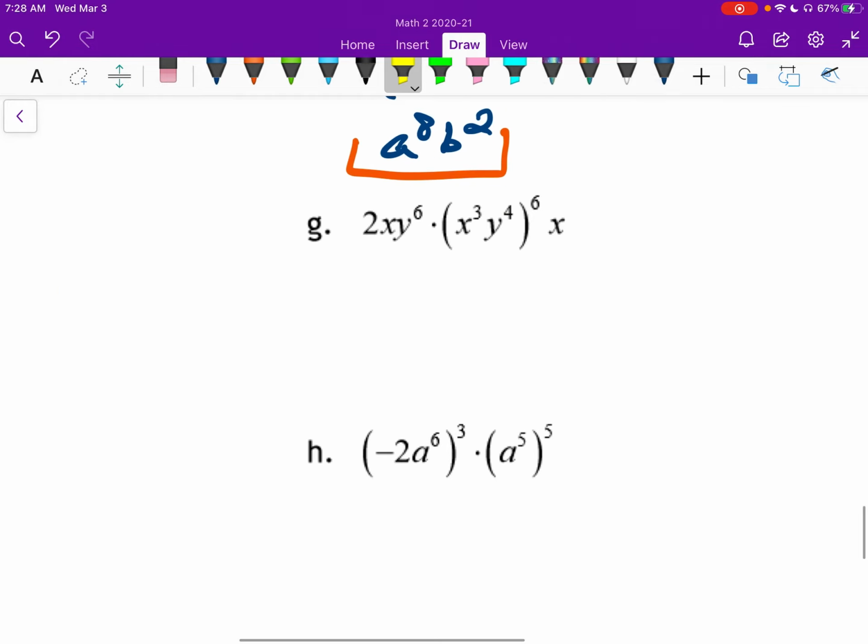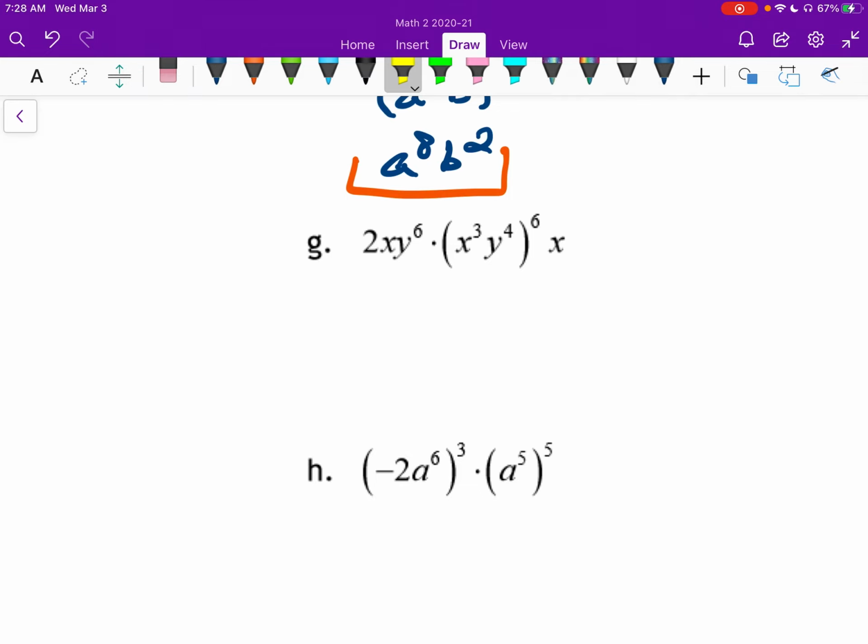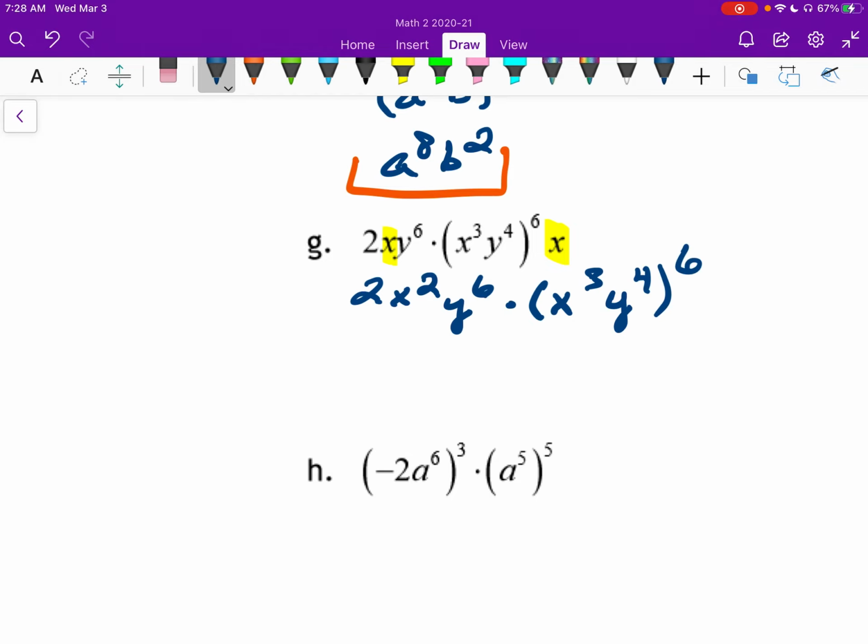G. Well, let's start off by putting this x with this x. So this is going to be 2x squared y to the 6th times x cubed y to the 4th, to the 6th. Now I'm going to distribute that exponent. It's not really distributing, but that's the way that I think of it.